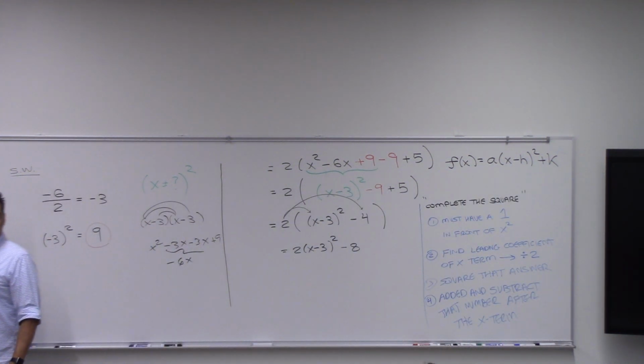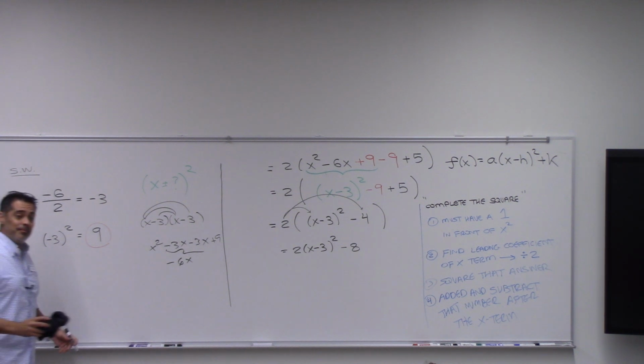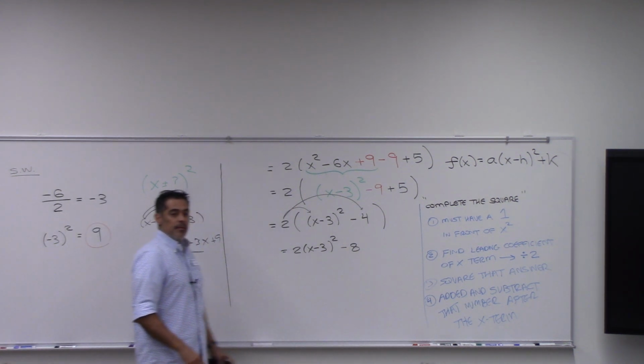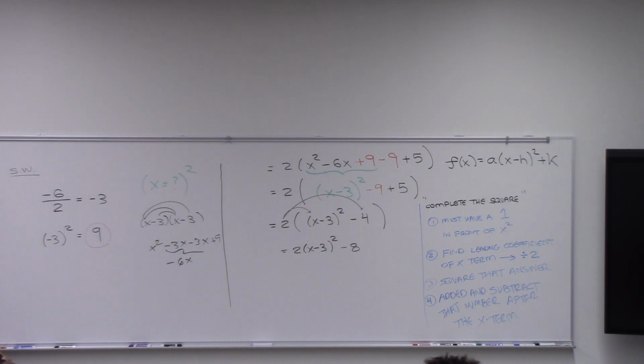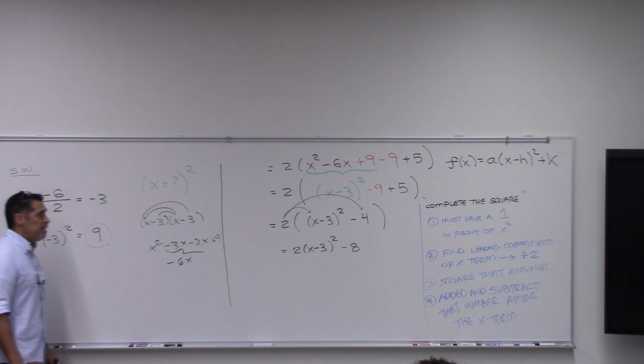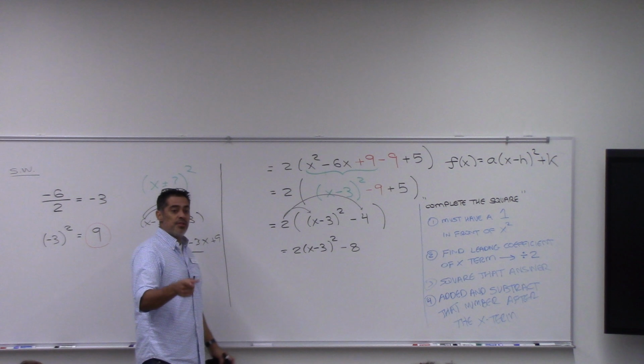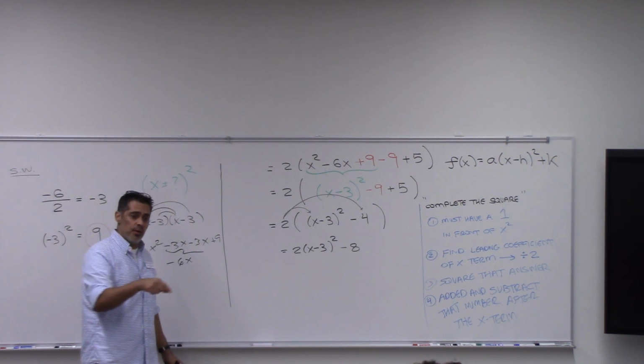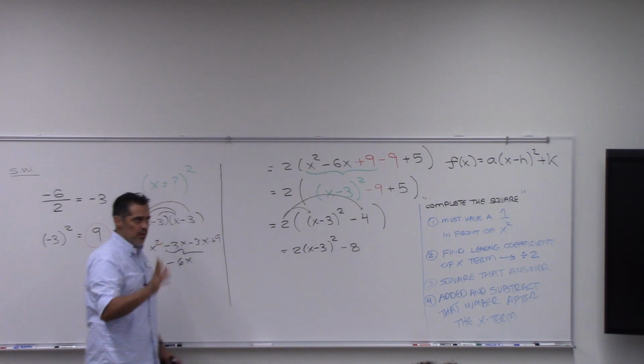Could we find the vertex with standard form and use the a and just write x minus, or like, yes. If you had the standard form, you could use the vertex formula to get the vertex and then use the a. Yes, I agree.